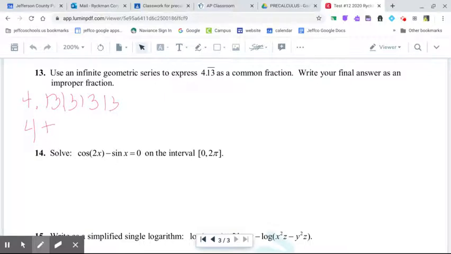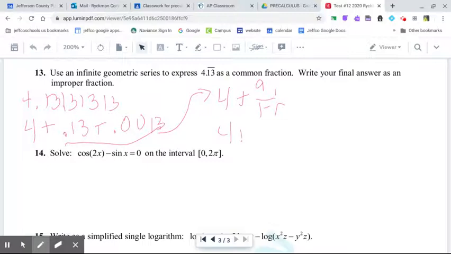So when you go to figure out your A1 and your common ratio, the 4 should not be part of the calculation. So this is geometric. You're going to do A1 over 1 minus R and then add the 4 later. So 4 plus the A1 is 0.13.